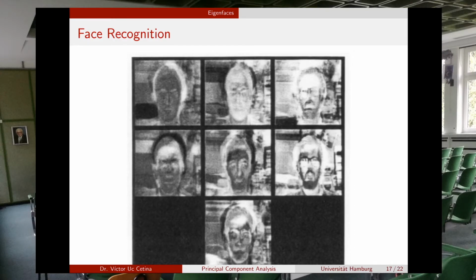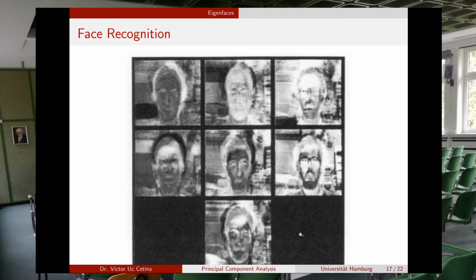They selected the top 7 eigenvectors, the ones with the 7 largest eigenvalues, and they plotted each of the eigenvectors in a matrix form, and they look like faces, and these are the eigenfaces. In this case we are looking at the most important 7 eigenfaces or eigenvectors.